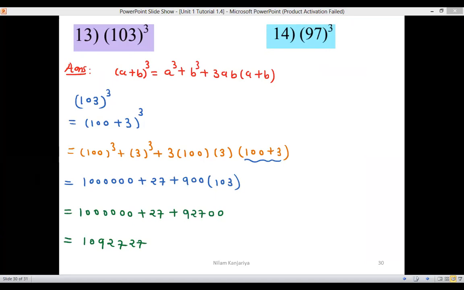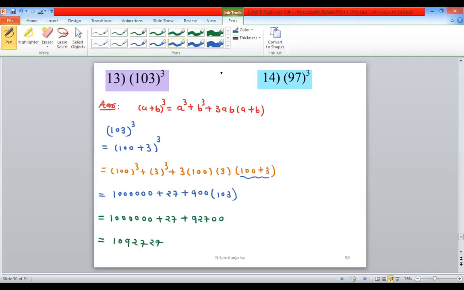Ma'am, I get something different for 14. Yes, tell me, write it. 97 whole cube. Yes, okay. The answer is 899450.